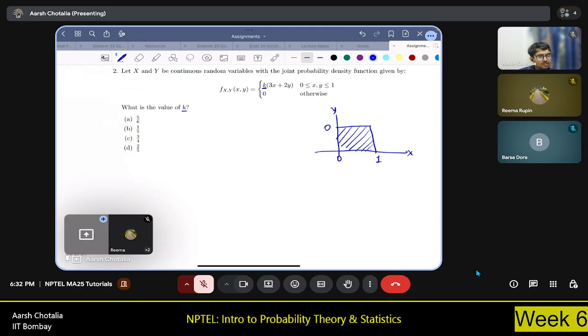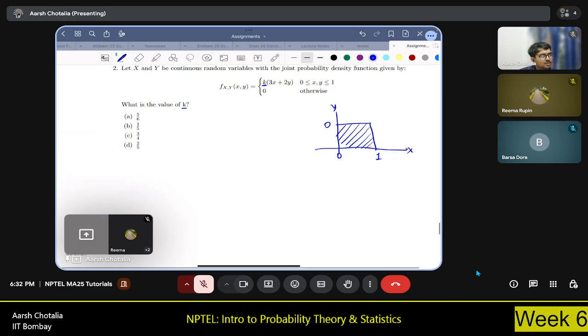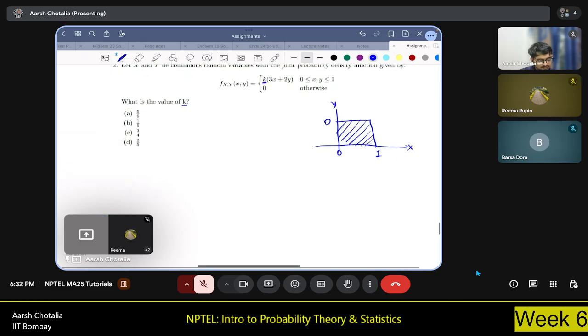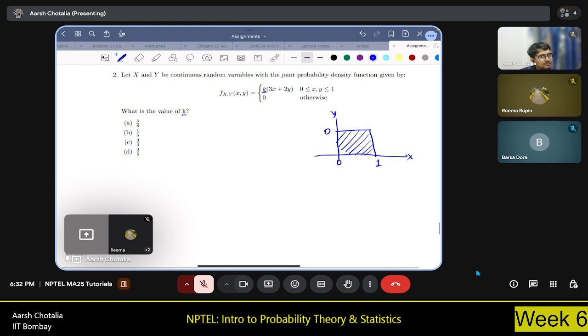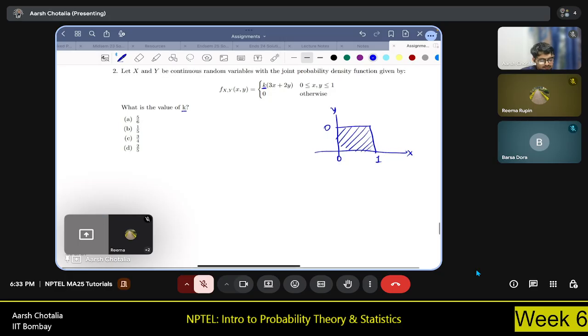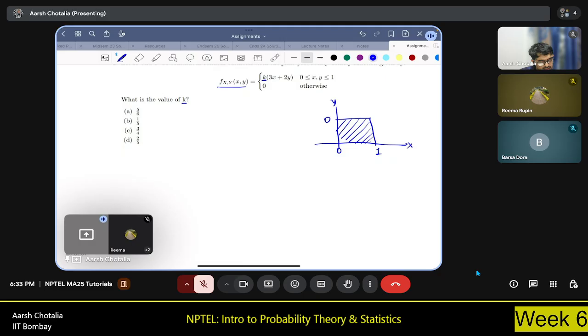What we have to find is the value of k, the normalization constant. So how would we do that? What's the first step? Anyone? In this kind of question, we just have to make sure that this function is normalized, which means the total probability should be 1, which means the double integral from minus infinity to infinity of this function should be 1.